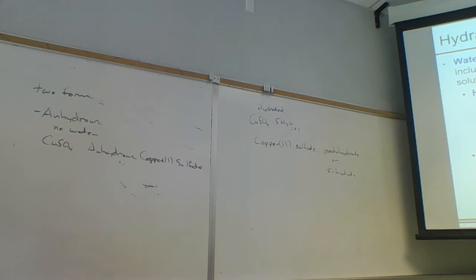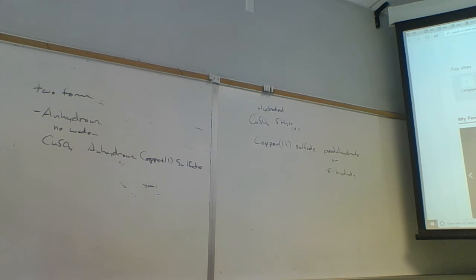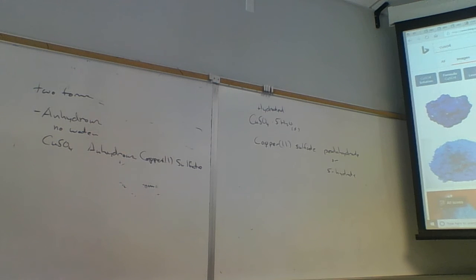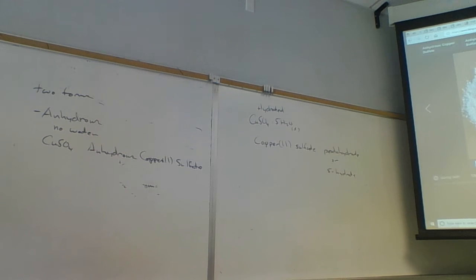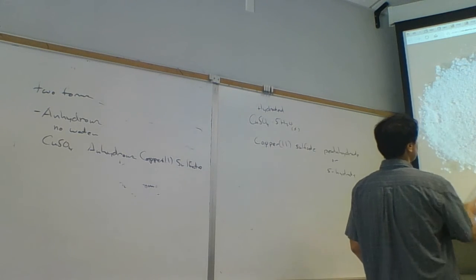And so what does that look like? Let's take a look at the two forms of copper 2 sulfate. If we just do a search, CuSO4, we're going to see this in the images here. All right, on the left is anhydrous copper 2 sulfate.